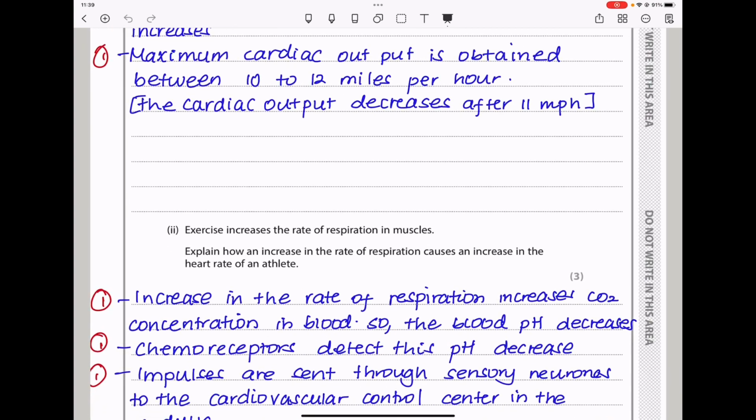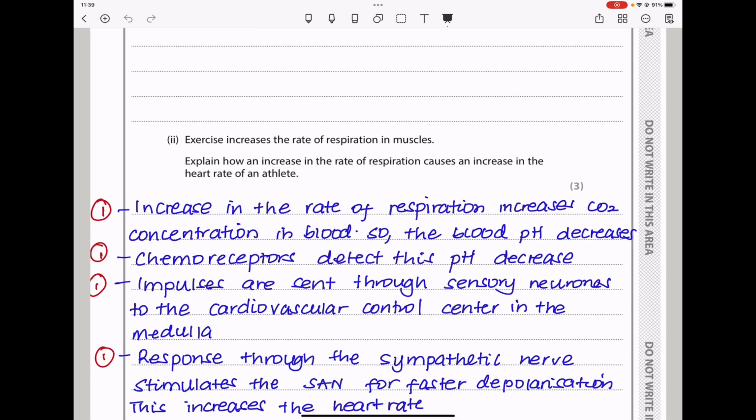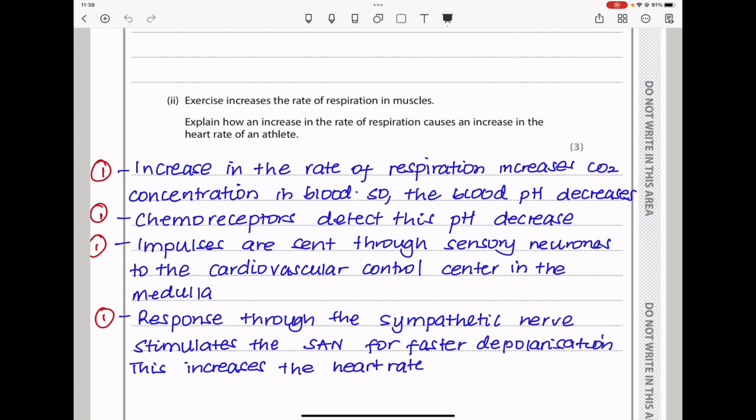Next they say, exercise increases the rate of respiration in muscles. Explain how an increase in the rate of respiration causes an increase in the heart rate of an athlete. When the rate of respiration increases, more CO2 is produced, and that causes a decrease in the pH of blood. So receptors are going to detect that and send impulses to the brain, and then a response is going to be carried out.